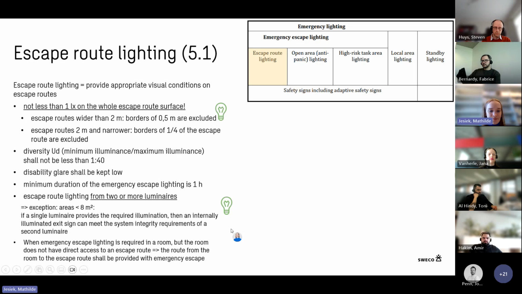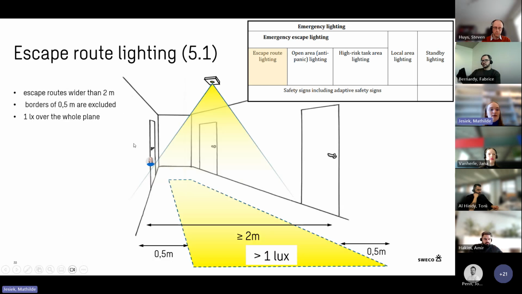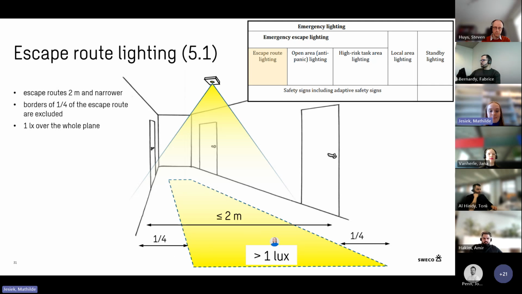But I will show you some examples. So, for example, we have an escape route that is wider than 2 meters. So now we can take off 0.5 meter on each side of the escape route, and the rest of this band should be over 1 lux, so minimum 1 lux on the whole band. The same corridor, but it's narrower than 2 meters or exactly 2 meters.